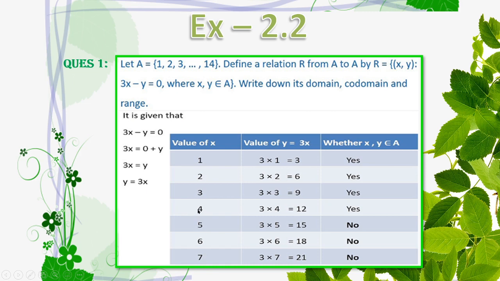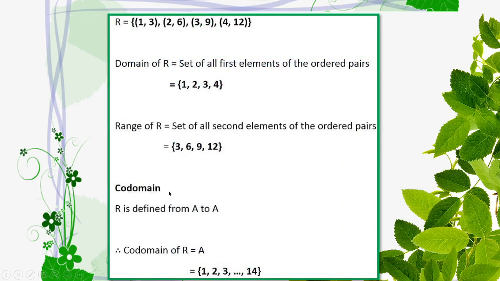So when we take the value of x as 4, we are getting y as 12. After that, when we put the values of x, our values of y are going out of the set, out of the range. So it means the ordered pairs which will come in the relation are 4 ordered pairs: (1, 3), (2, 6), (3, 9) and (4, 12).